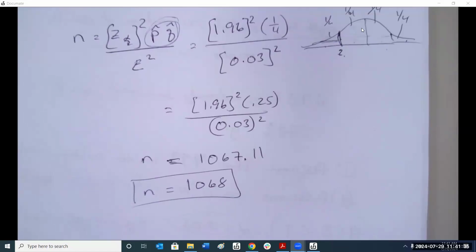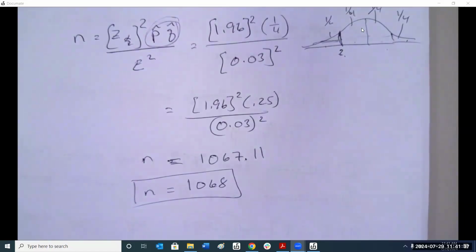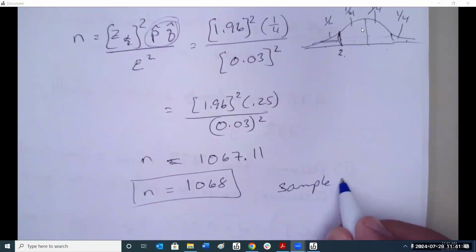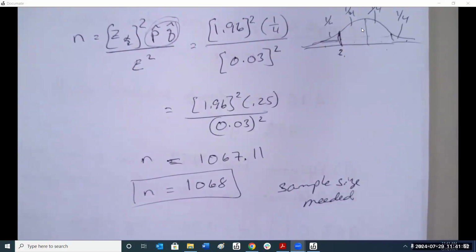So since we didn't know anything, to be safer than sorry, we now need 359 more people. That's our sample size needed, since we had no information about our population.